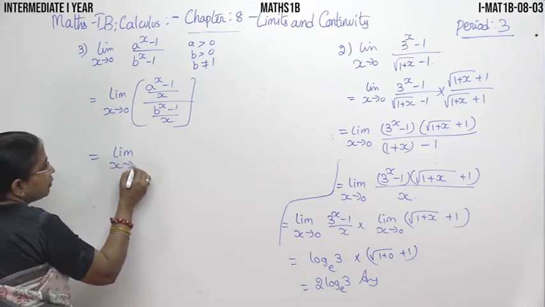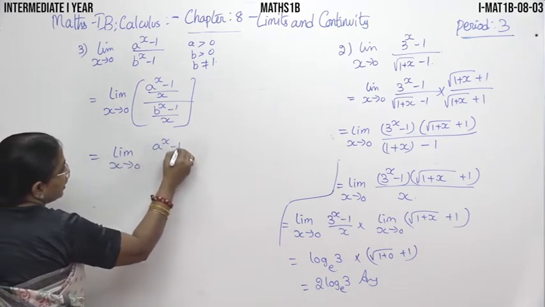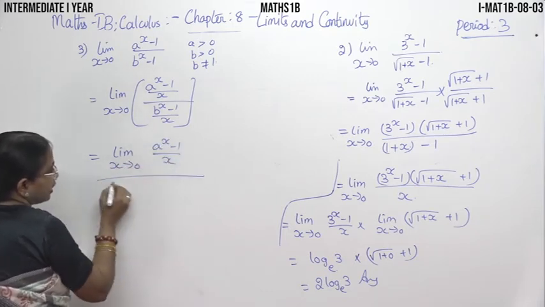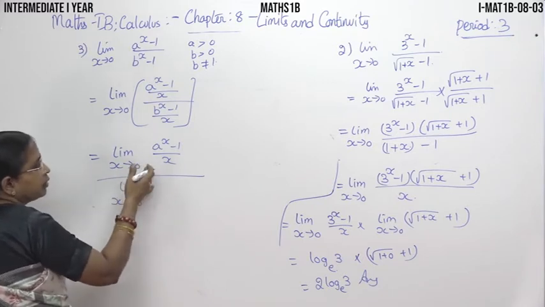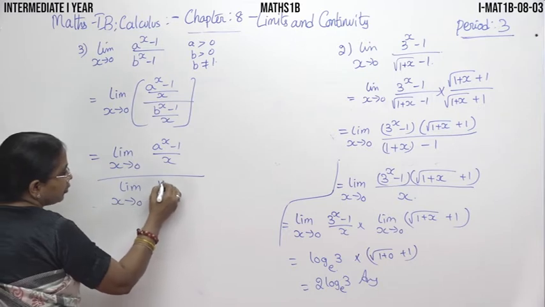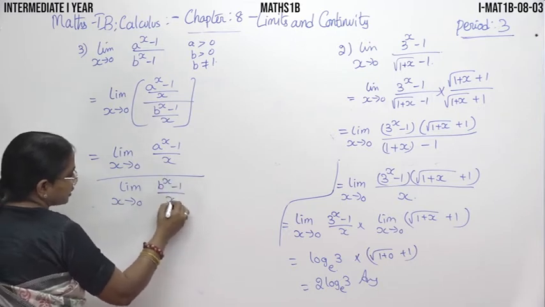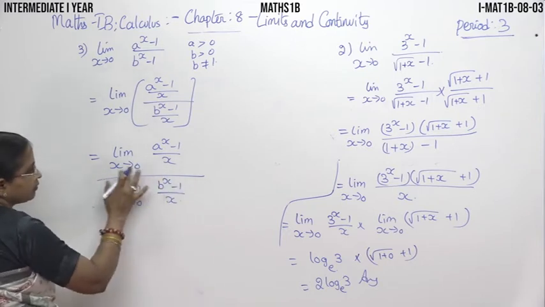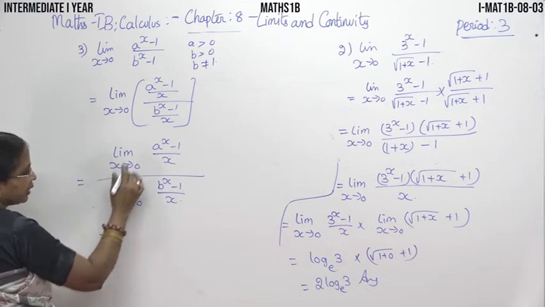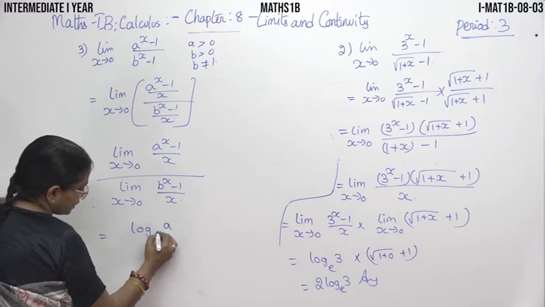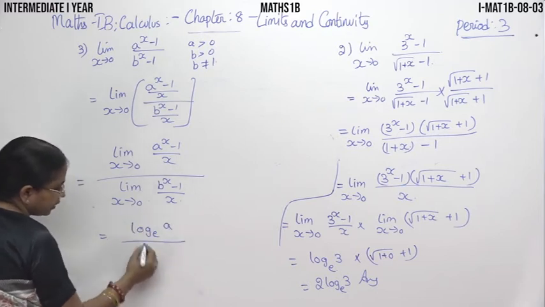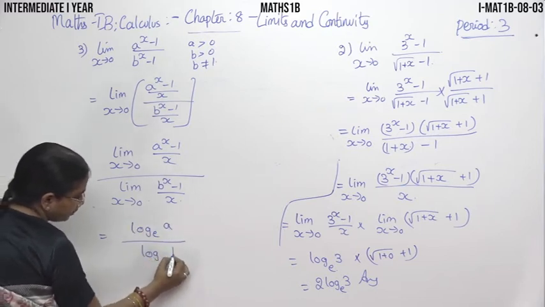Now write the limit for numerator separately and denominator separately as I explained in those theorems. You can write the new limit for numerator and limit for denominator separately like this. So now the limit for the numerator is log a to base e, and the limit here is log b to base e.